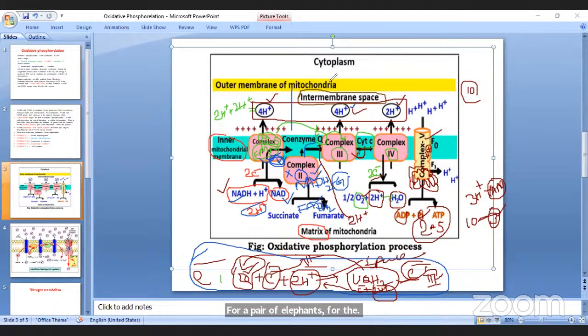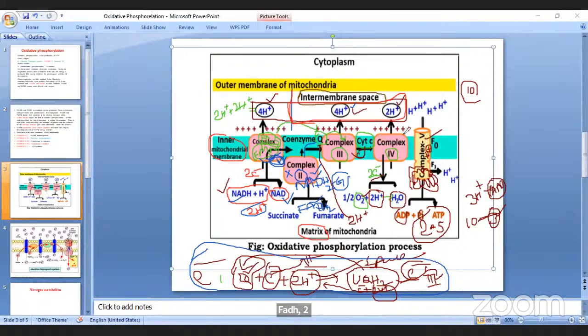How many protons are formed in total if it is glycolysis NADH2? Only 6, sir. Or Krebs FADH2, only 6.